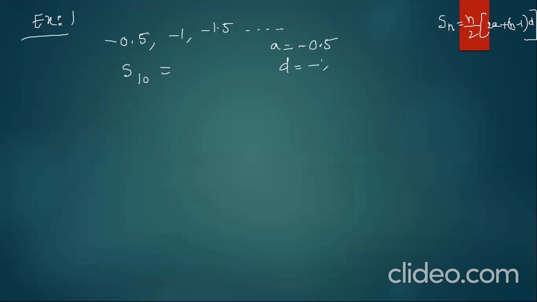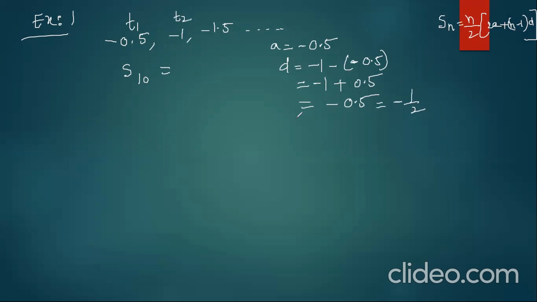So what is t2? Minus 1. This is t2, this is t1, right? So minus 1 minus of minus 0.5. So it becomes minus 1 plus 0.5. So this is minus 0.5. So this is our d. This can be written as minus 1 by 2.